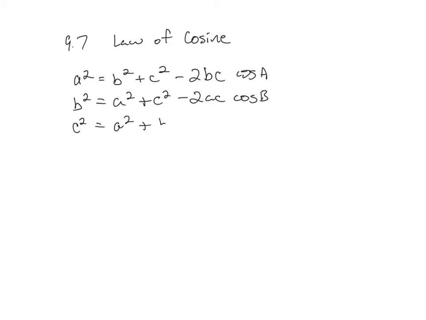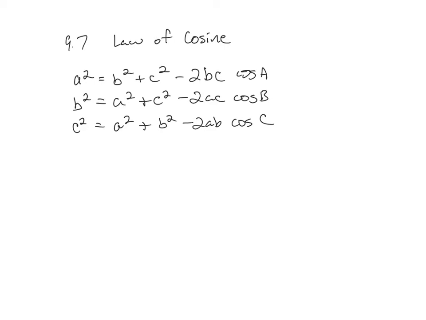Let me finish the last one. It's kind of just the 3 different versions of the Pythagorean Theorem at the beginning: a squared equals b squared plus c squared, b squared equals a squared plus c squared, c squared equals a squared plus b squared. You just move them all around. It's always minus 2, so that helps.